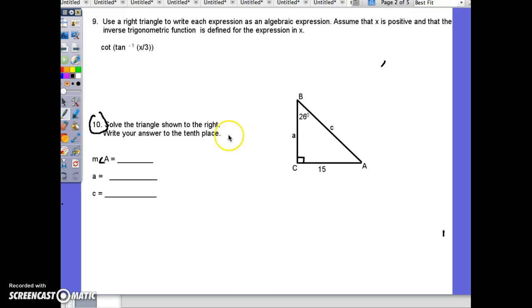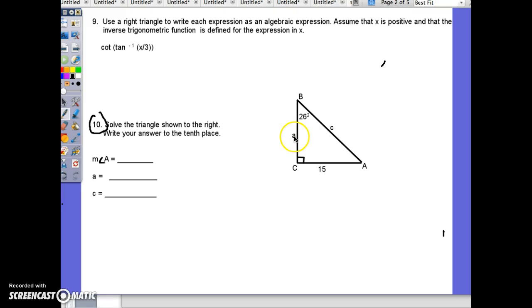So I want to start off with number 10 with you, where it says solve the triangle to the right. Write your answer to the nearest 10th place. In solving a triangle, you're going to be finding all the missing features.